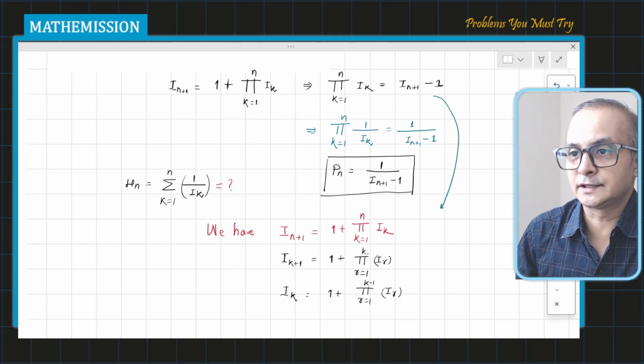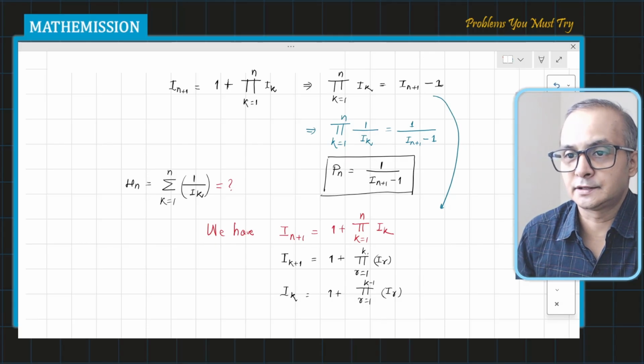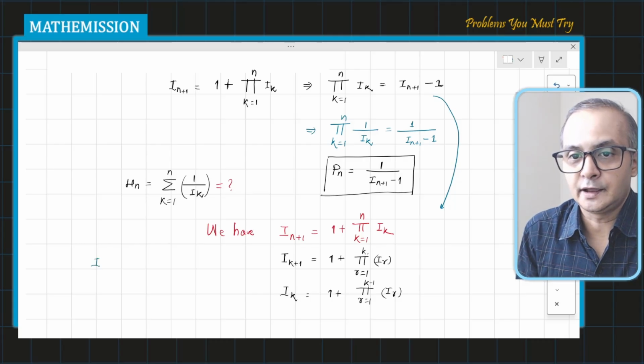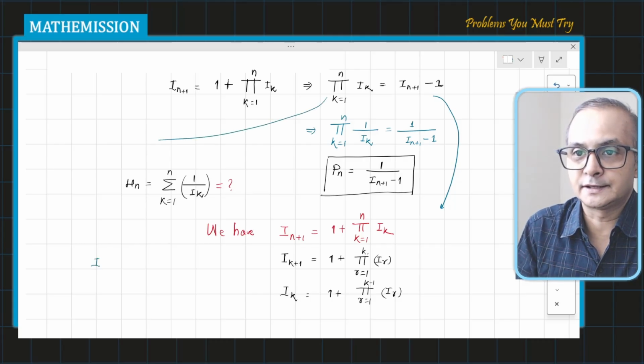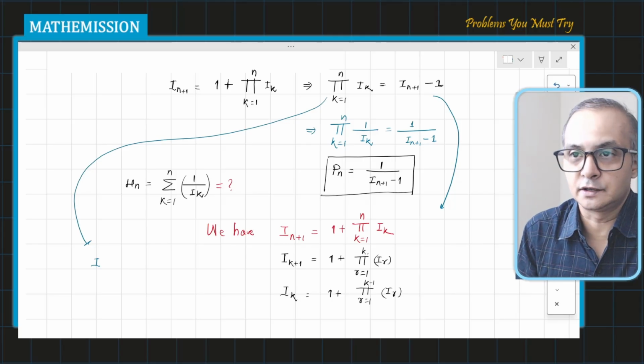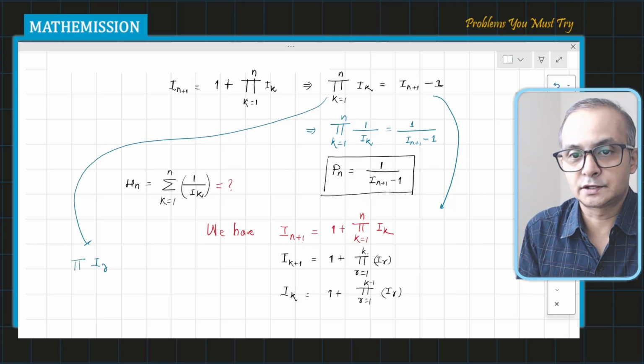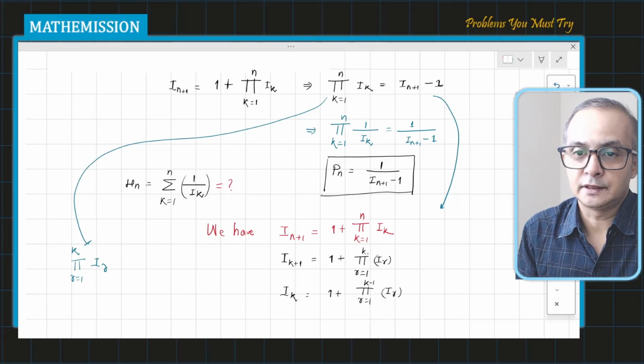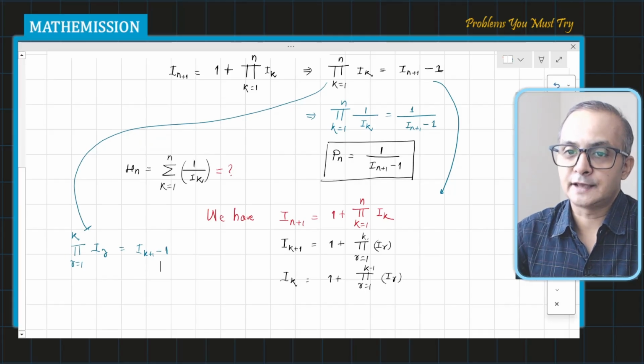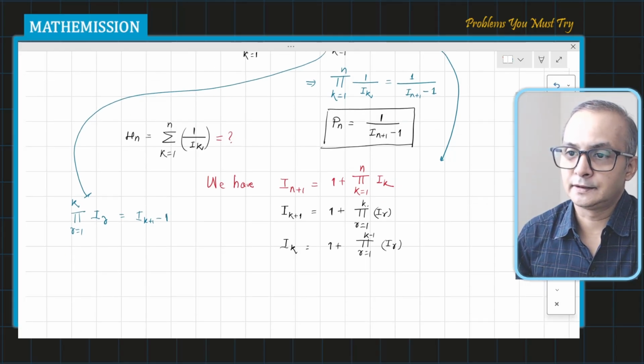So I write the product of Ir, r goes from 1 to k. Then only we can write I of k plus 1 minus 1. In the same way, what I'm thinking is this is up to k minus 1.